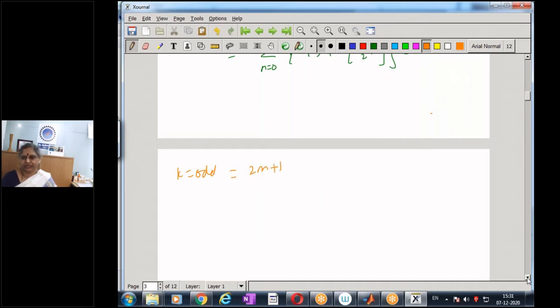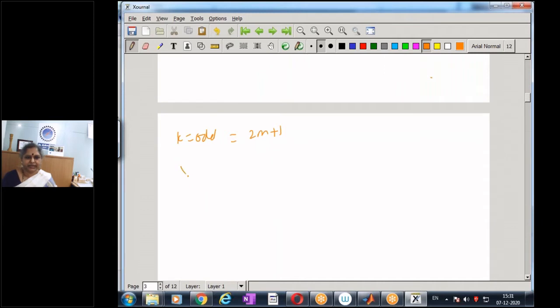So now my k is odd and it is 2m plus 1. Then my X of k is going to be sigma n equal to 0 to N by 2 minus 1, and here I have x of n minus, because k is odd, minus 1 to the power of k is a minus, x of N by 2 plus n.